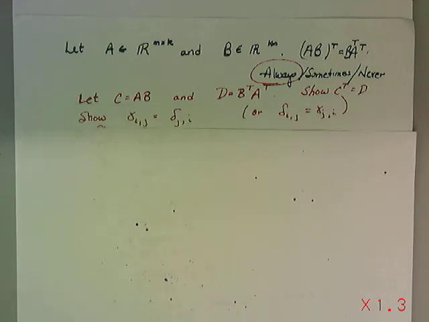So I'm going to let gamma sub ij be the ijth entry in C and show that it's equal to delta sub ji, which is the jith entry in D. In order to do that, I'd like to play around on scratch paper first and describe what these entries might look like, and then I can come up with a formal proof.